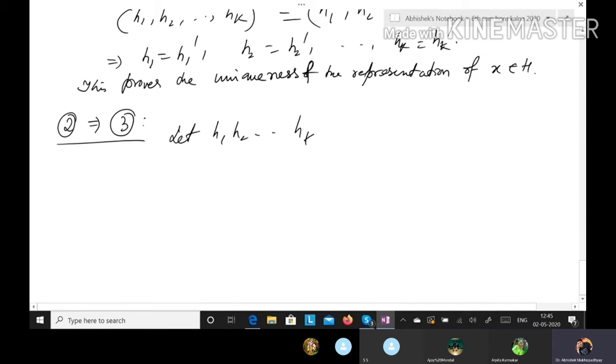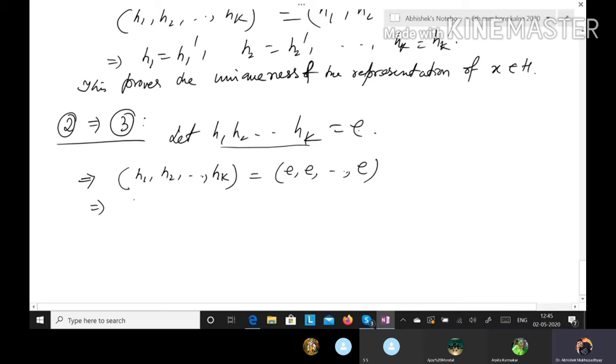Let H1, H2, ..., Hk be the identity. Now if we consider the inverse of phi, then this will imply that this element will go to (H1, H2, ..., Hk) and this element will go to (E, E, ..., E).